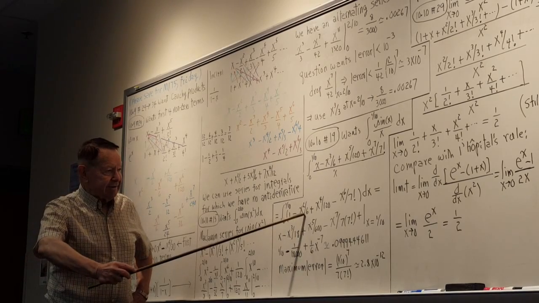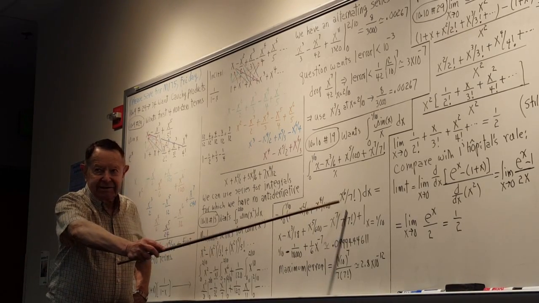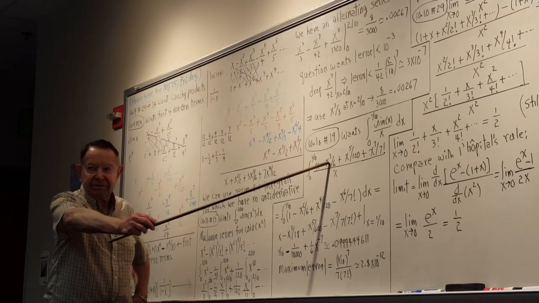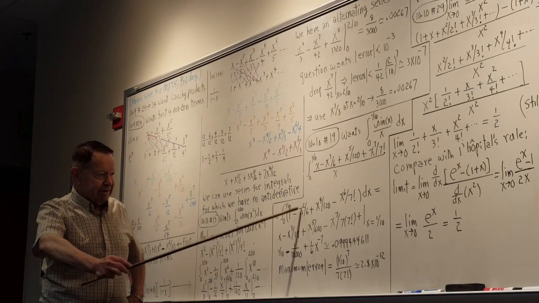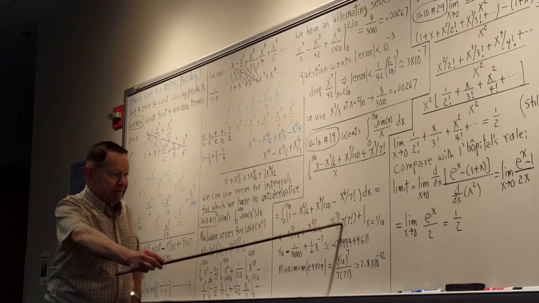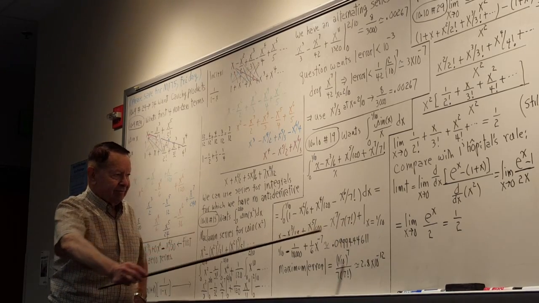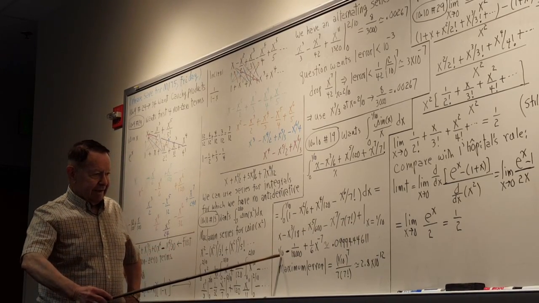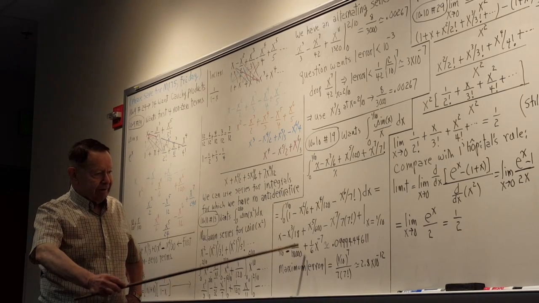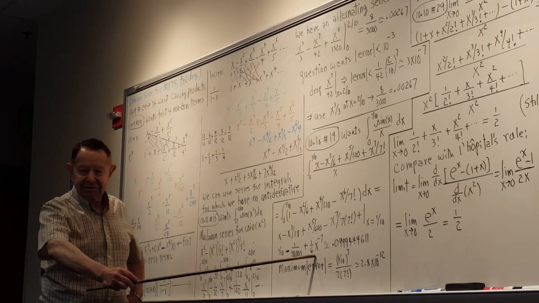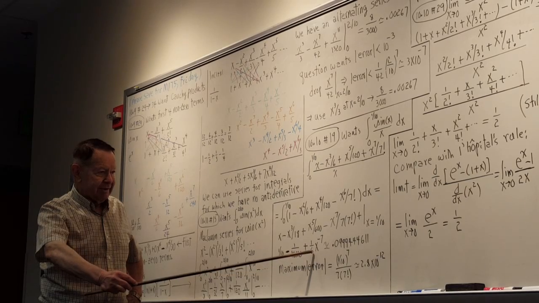Again, you notice you're going to have an alternating series because it's based on the sine series that alternates. So you integrate these term by term and evaluate at 1/10. And again, your error is no more than the magnitude of the first term you drop.